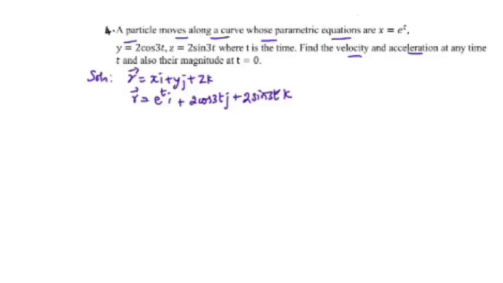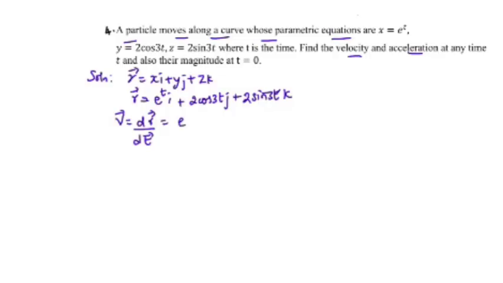Velocity is nothing but dr vector divided by dt. So to find the velocity, we differentiate r.